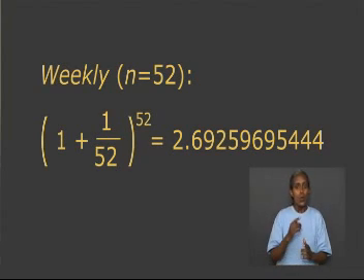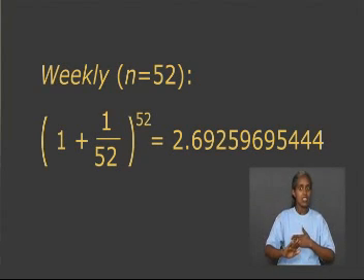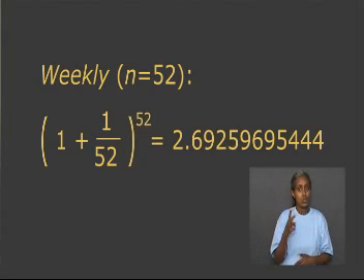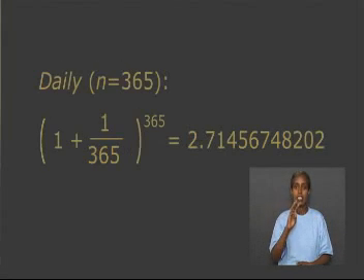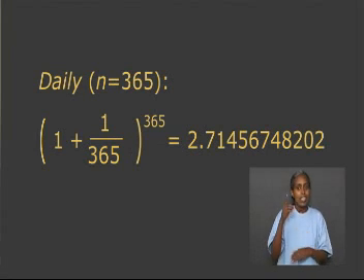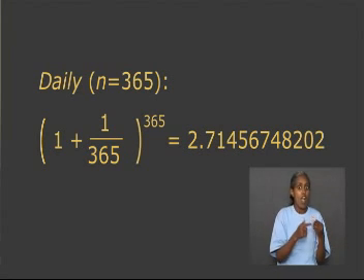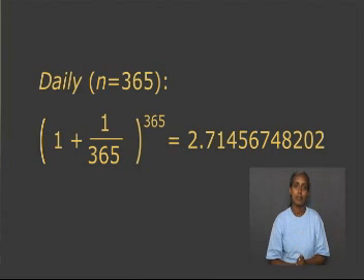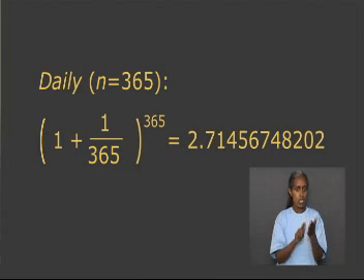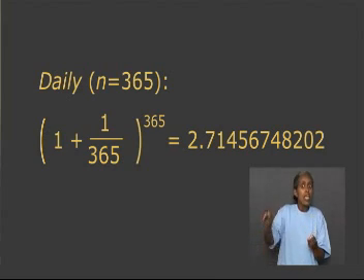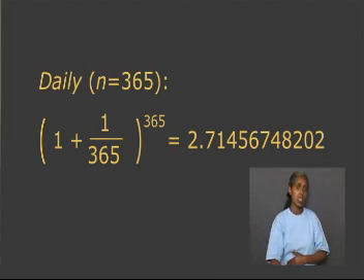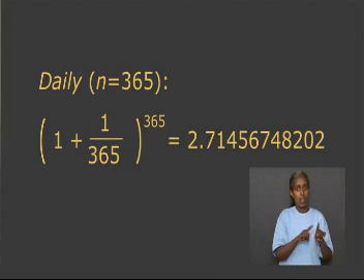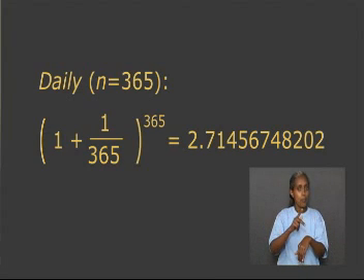Weekly interest yields about 2 bir and 69 cents. Daily interest yields about 2 bir and 71 cents. Notice, students, that the increase in interest is getting smaller as the compounding periods grow more frequent.